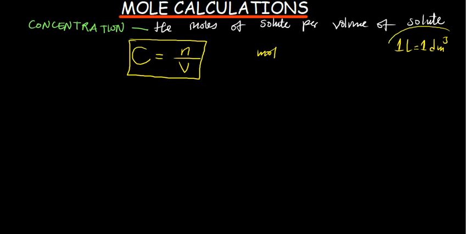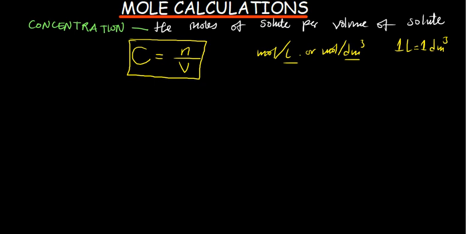Therefore, you can say concentration is going to be moles per liter, because volume is going to be in liters. So moles per liter or moles per decimeter cubed, because the decimeter cubed and the liter are the same thing. So that is the unit for concentration.